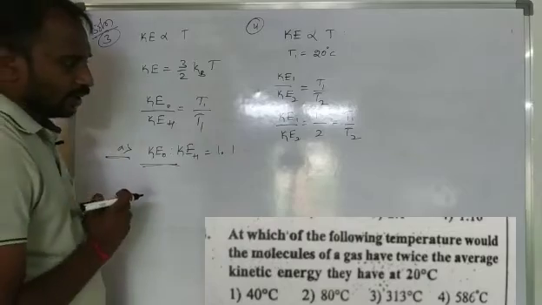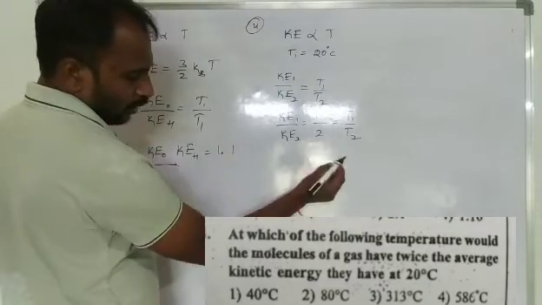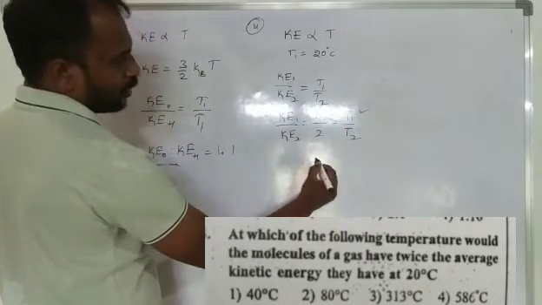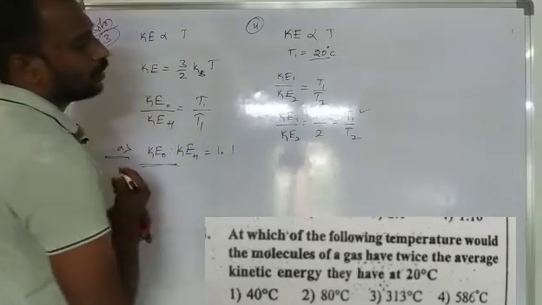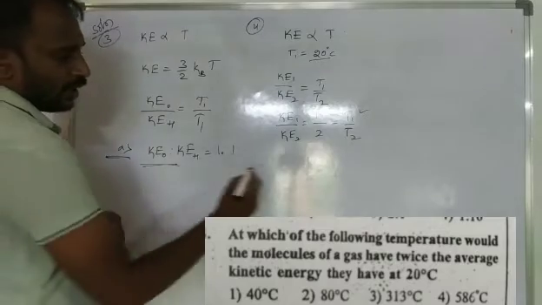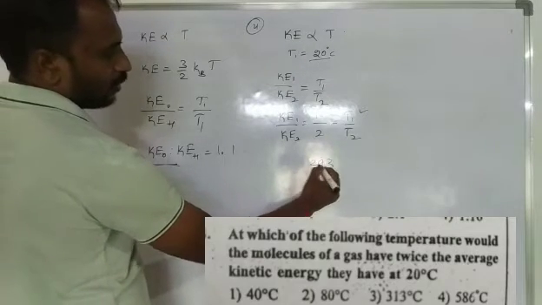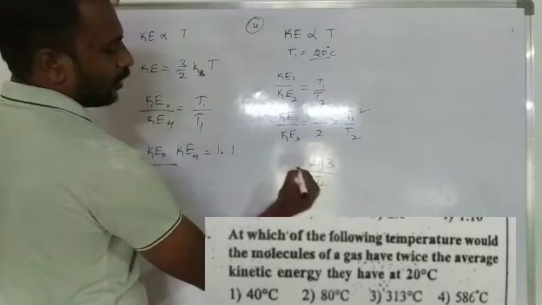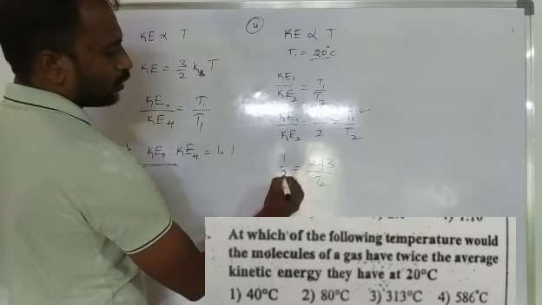So T1 temperature is 20 degrees Celsius plus 273, so 293 divided by T2 is equal to 1 by 2.